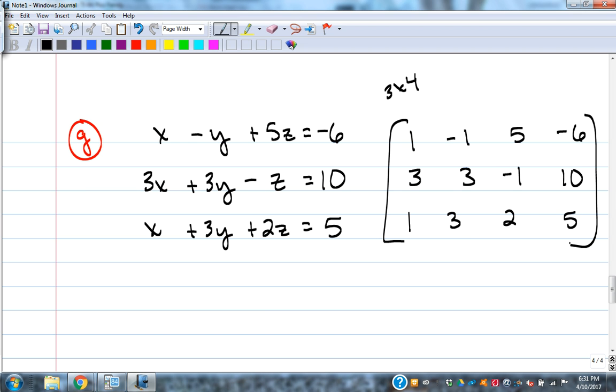So a 3 by 4 augmented matrix. And we're still going to do the same operation. We're going to do the RREF action on this thing.